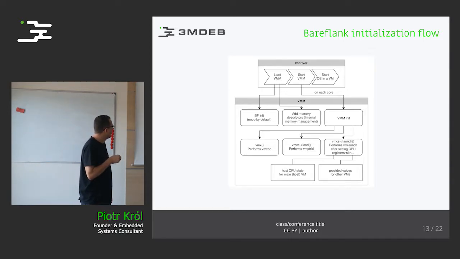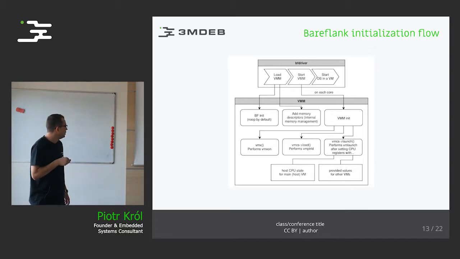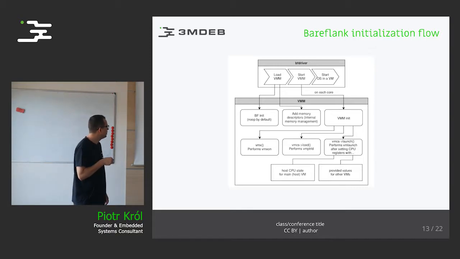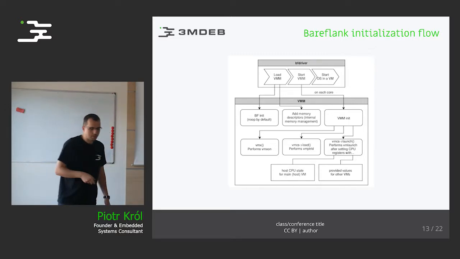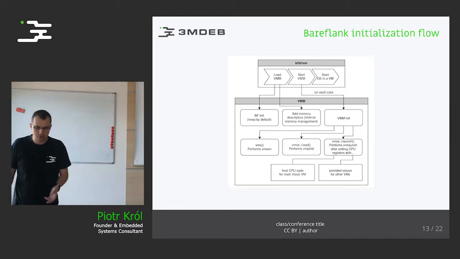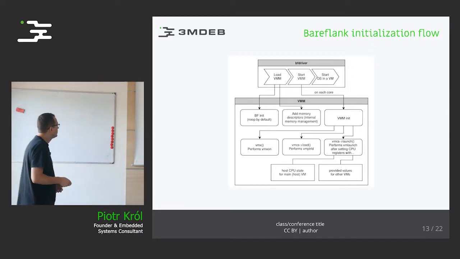We configure memory for the VMM, then we initialize it. We do some hardware-related instructions, which are Intel-specific here. And finally, we can launch virtual machines on the host CPU, which is the BSP, and on the other CPUs, which are application processors, if we have multiple cores. So this is basically it.